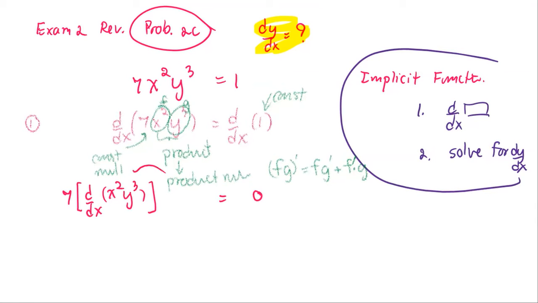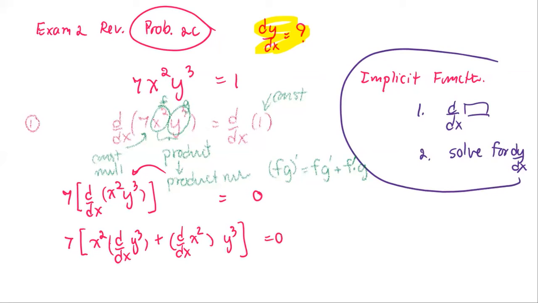Apply the product rule here. We have 7 multiplied by the first function, which is x squared, multiplied by the derivative of the second, plus the derivative of the first one multiplied by the second function. So I put parentheses here, equals 0.